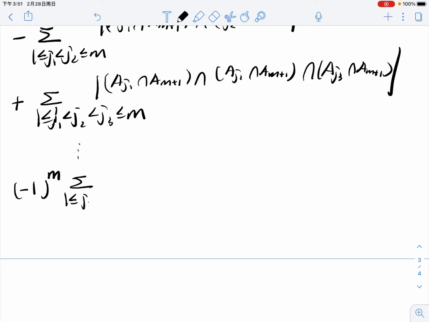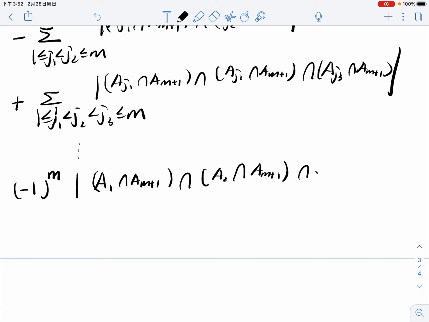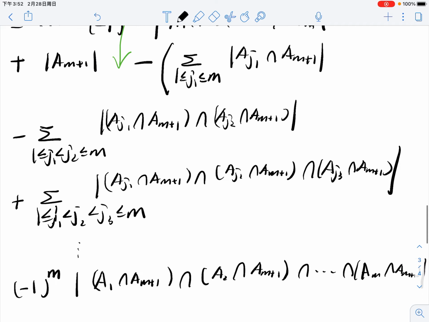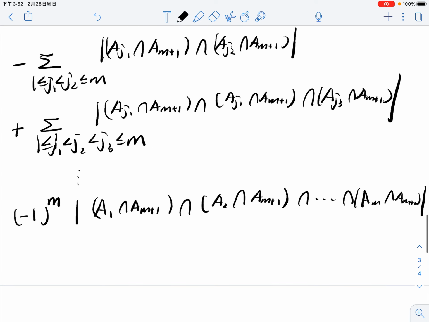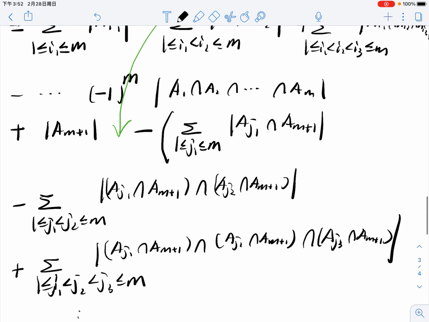So here actually the only M-fold term is A1 to AM. Okay, so here you have this formula, and you have a big bracket here.